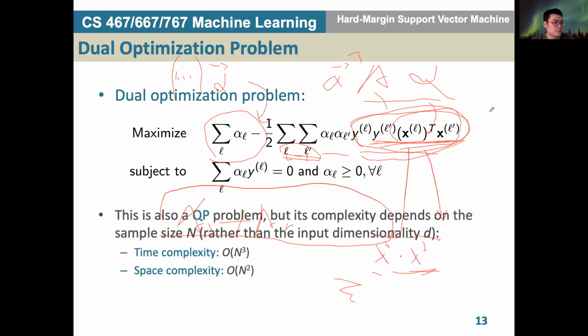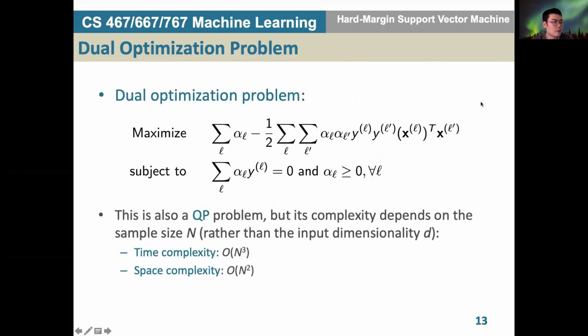Because this quadratic term is something like Ax squared, and then you have the negative sign, it's concave, so you can maximize this. This is basically why you can use a QP solver.